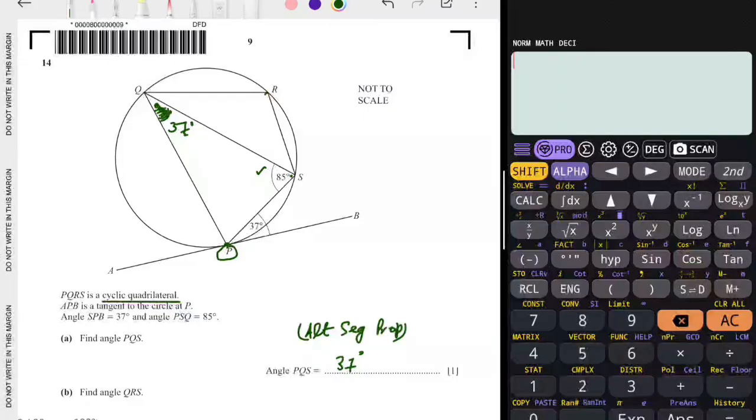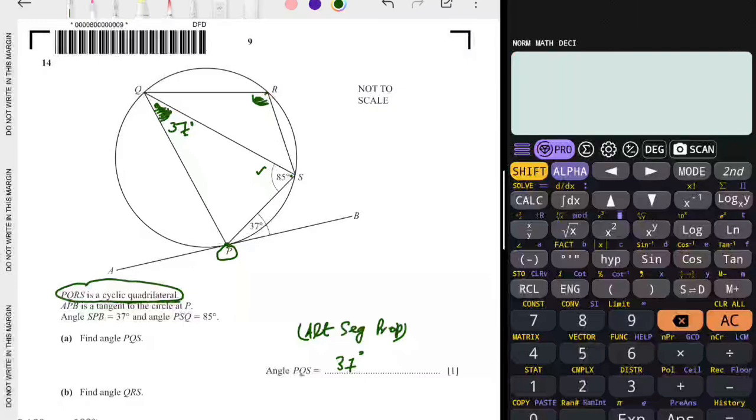Now next part, find angle QRS. As we have already seen in first line that PQRS is a quadrilateral, like four corners are touching to the boundary of a circle.